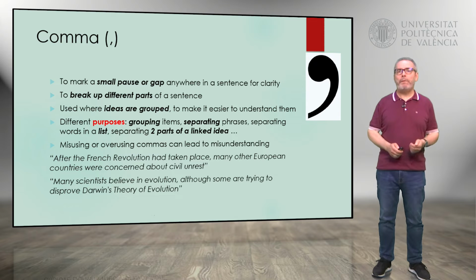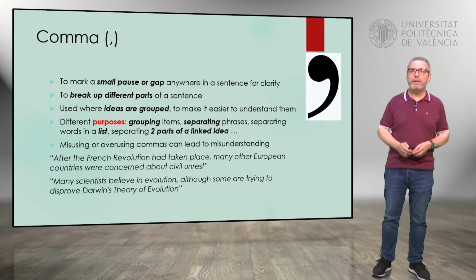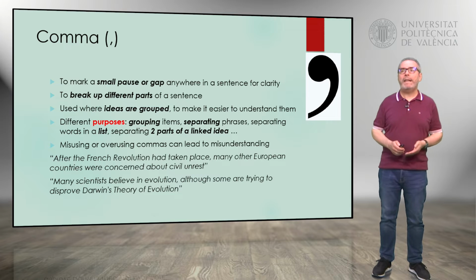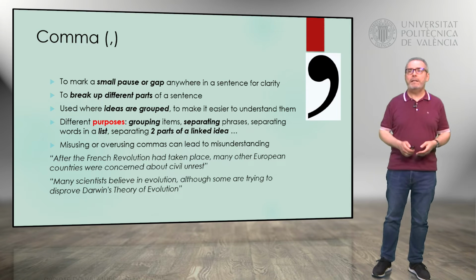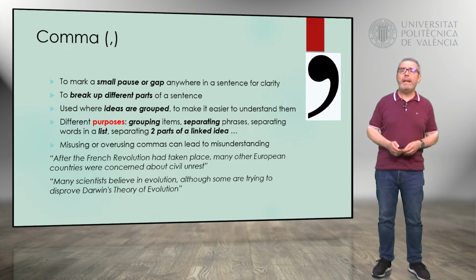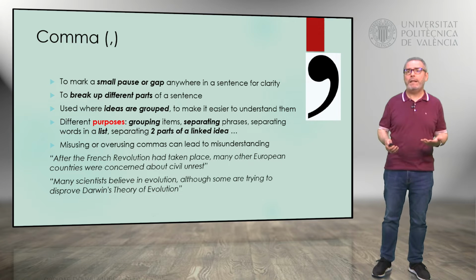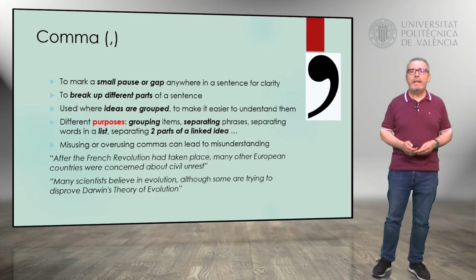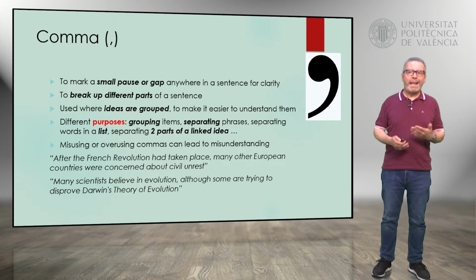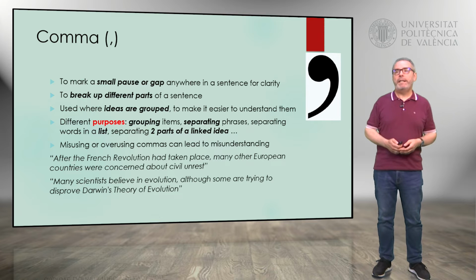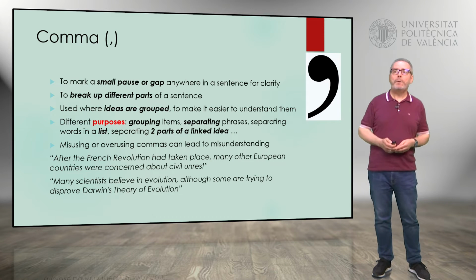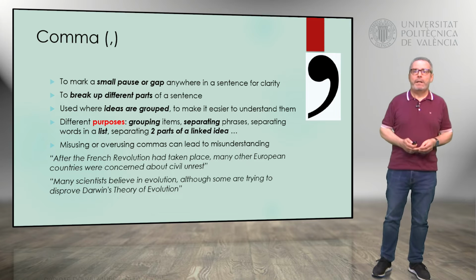Comma is probably the most difficult punctuation mark to use in academic writing. It implies a small pause or gap anywhere in the sentence of a text for clarification and to make the ideas clear. It breaks up different parts of the sentence, and it is used wherever we want to group ideas to make it easier to be understood by readers.